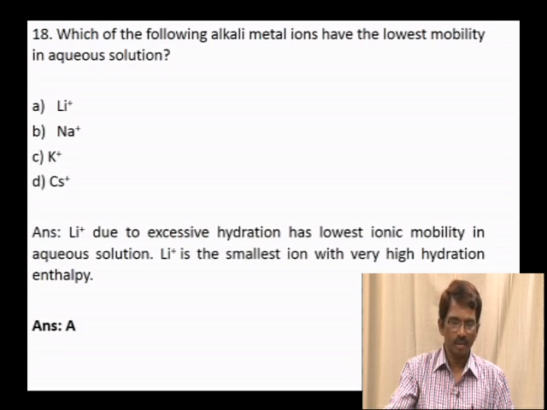The extensive hydration of the Li+ ion is because of its smaller size, and because of excessive hydration, the Li+ ion will have the lowest mobility, and the correct option is option A.